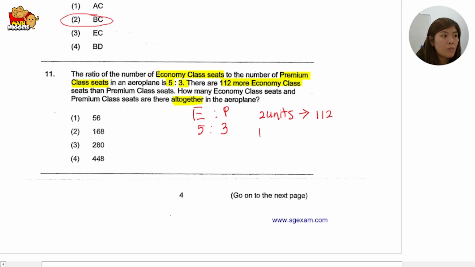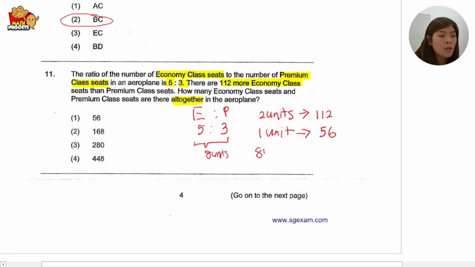So 2 units is actually equal to 112. You have 1 unit is equal to 56. So the next step, how many economy class seats and premium seats are there all together in the aeroplane? In total we have 8 units.